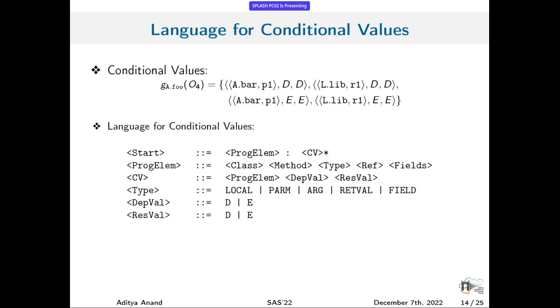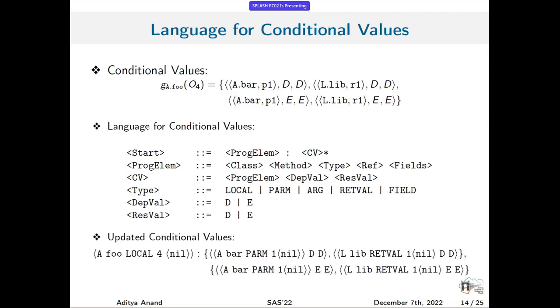Conditional values can be a class, a method, or the type of the object, which can be a local, parameter, arguments, or return values. The references tell us the parameter numbers and the set of fields which an object can have. So this is the language we model for the conditional values, and the conditional values will look like this after modeling for this grammar.